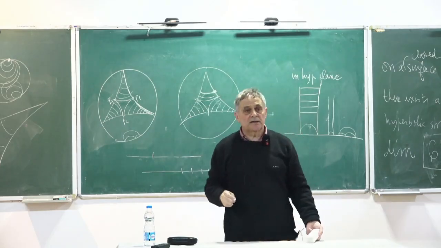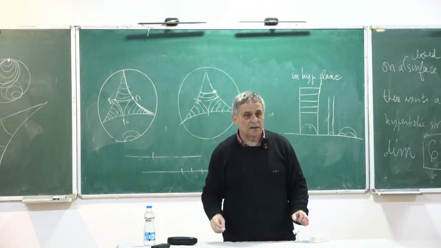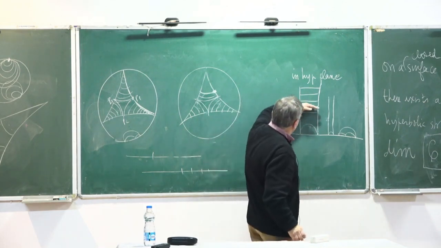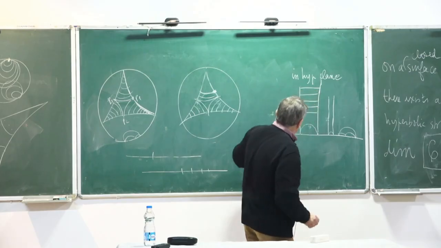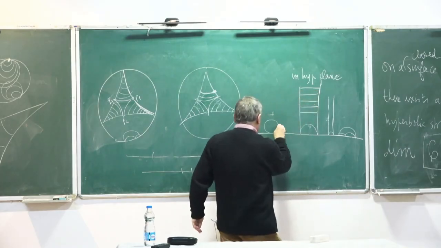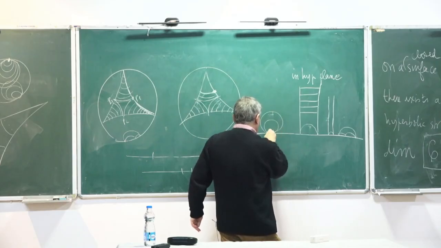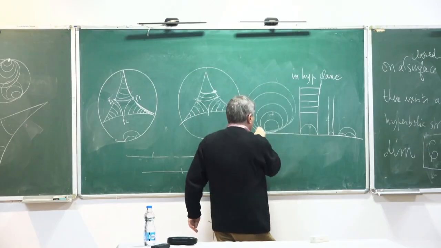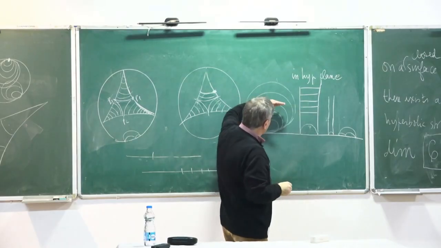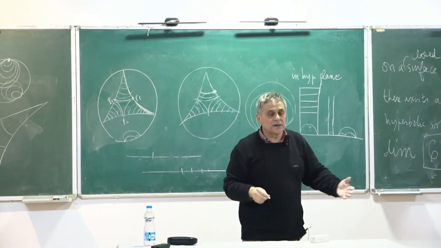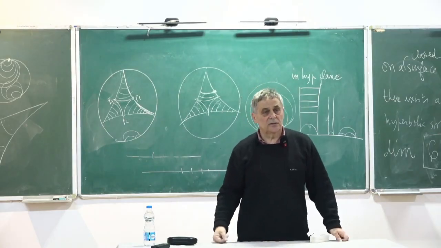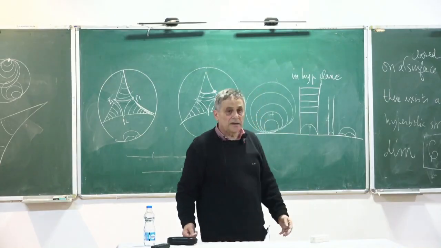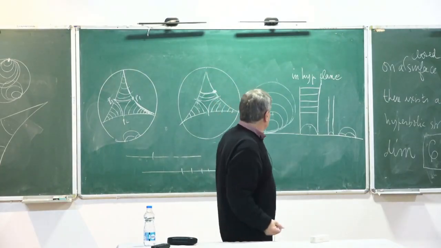I cannot explain this now because it will take too much time, but the horocycles in the upper half plane model are the circles which are tangent to the boundary, including the horizontal lines, which are also considered as circles tangent to the point at infinity there.